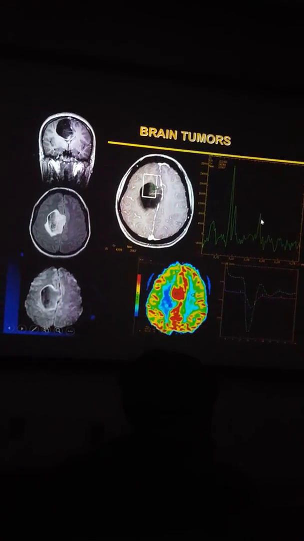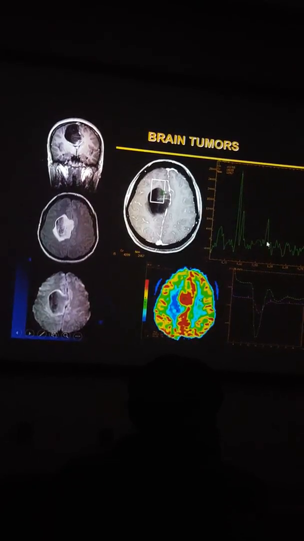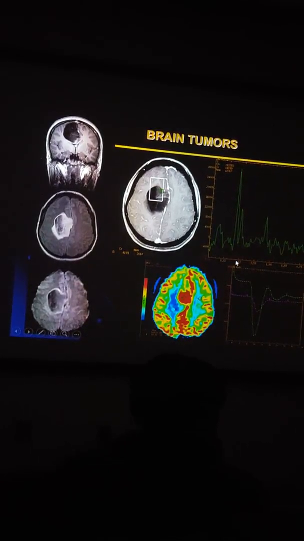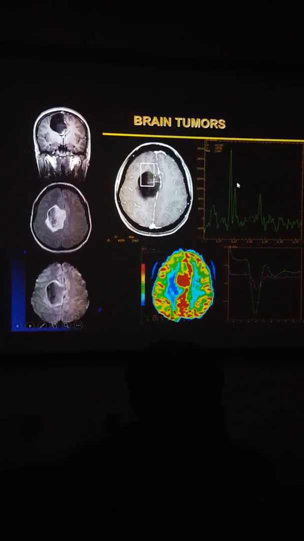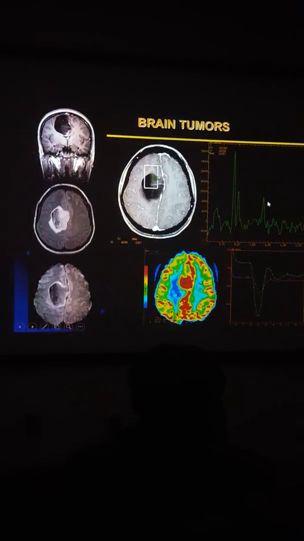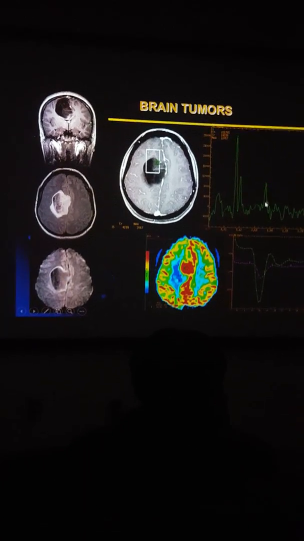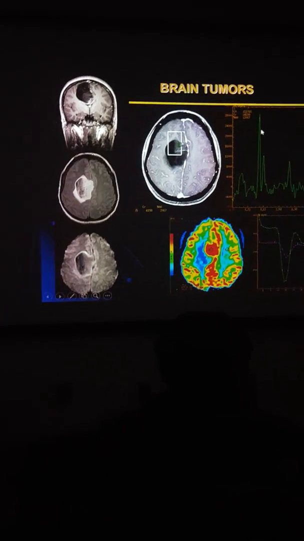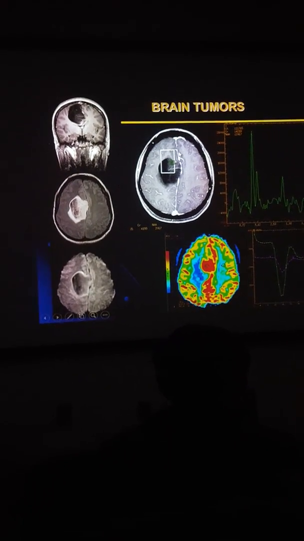This is normally 2.5 this size. So this is decreased N-acetyl aspartate. Then look at choline, very large choline compared to creatine, and at least 2.5 parts, maybe almost 3 parts, choline to N-acetyl aspartate. So this is a very aggressive tumor.